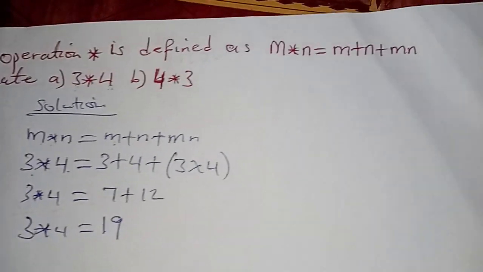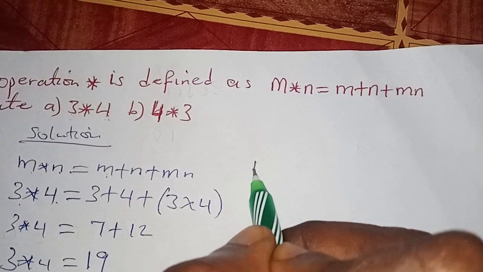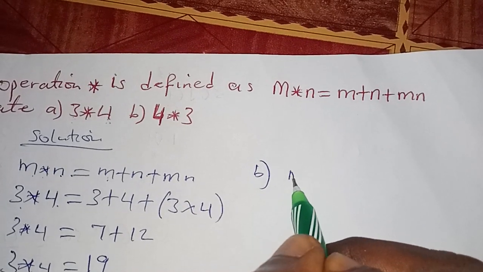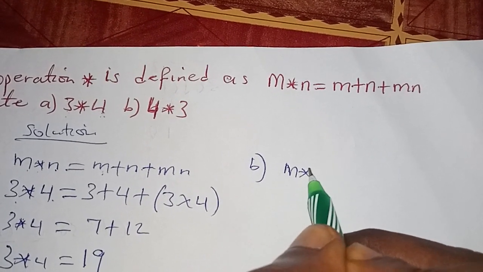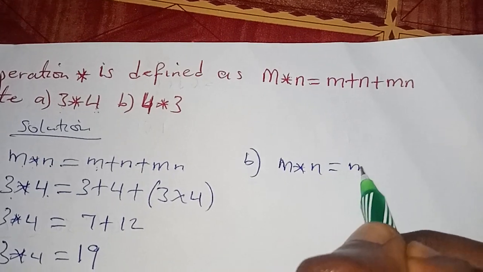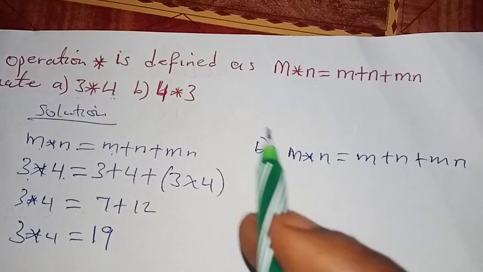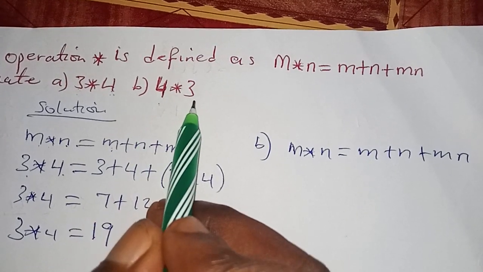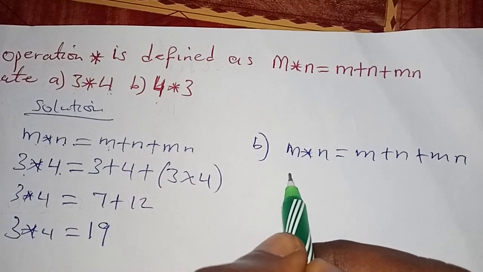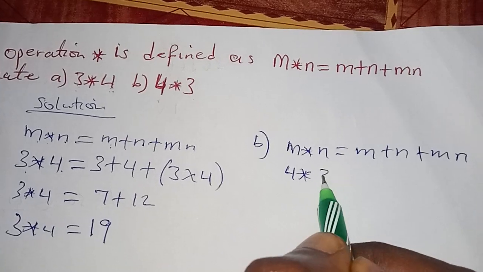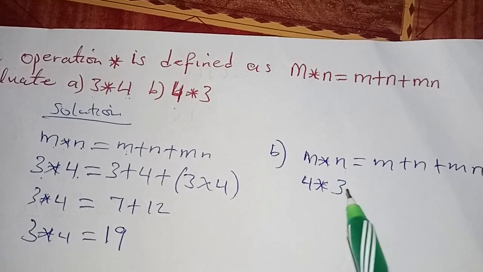Now let us solve for b. B says the same thing. Let's say m operates with n equals m plus n plus mn, the same way, right? The first number is m, the second number is n. So we have 4 operate with 3. Instead of 3 operate with 4, now it's 4 operate with 3.